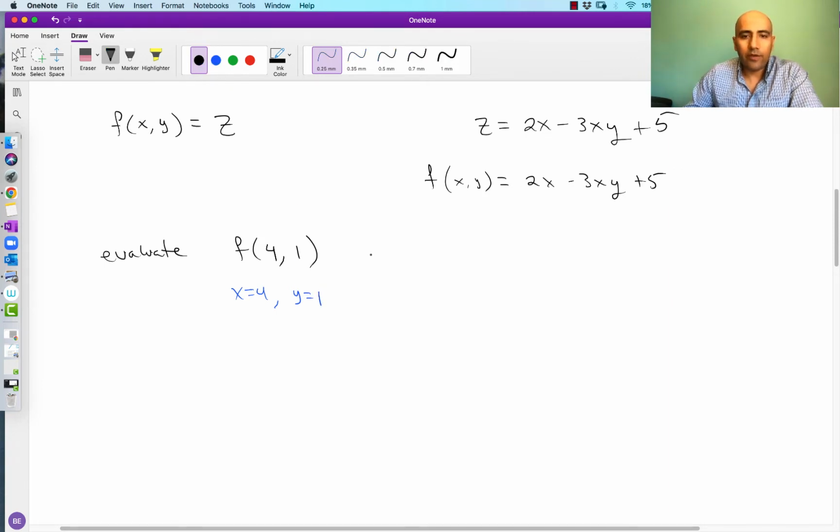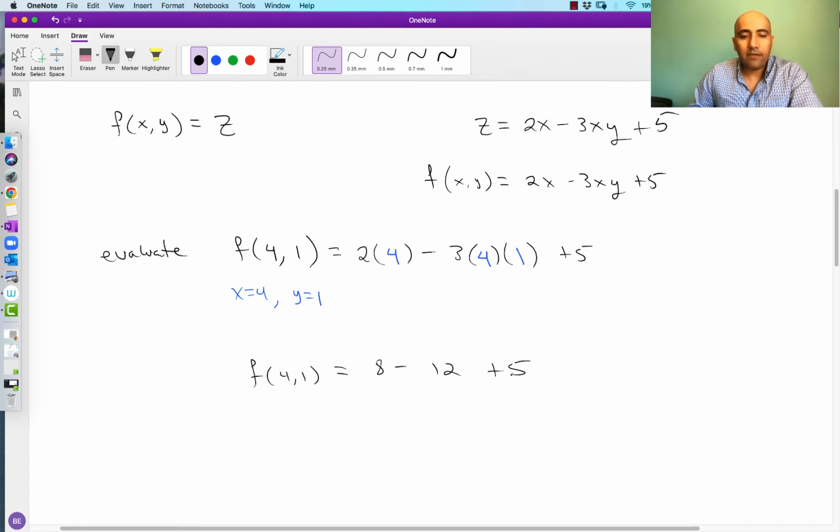And now we come back over here, and so this would be 2 blank minus 3 times blank plus 5. And so this is going to be an x, so this is a 4, and this is a 4, and this is a 1. Good. So now we can just evaluate this. F of 4 comma 1 equals 8 minus 12 plus 5.